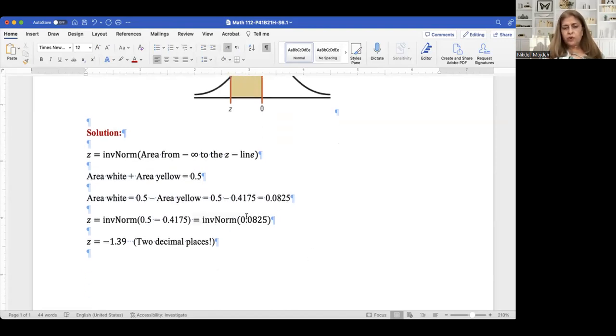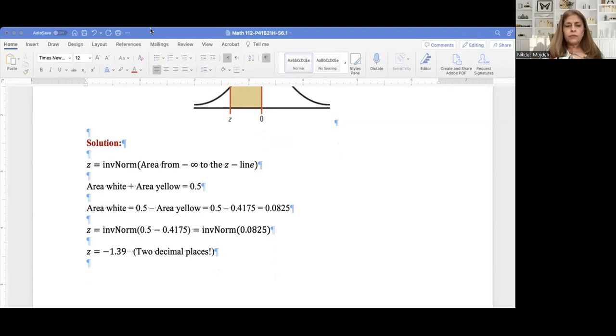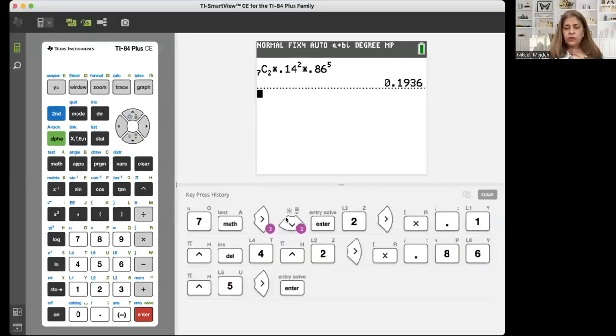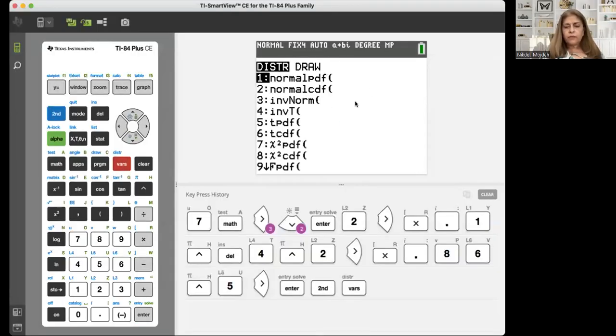So inverse norm. Where do we find inverse norm? We go to distribution again. Inverse norm is item number 3.